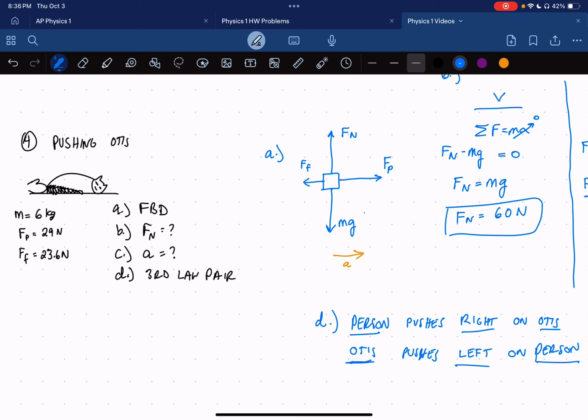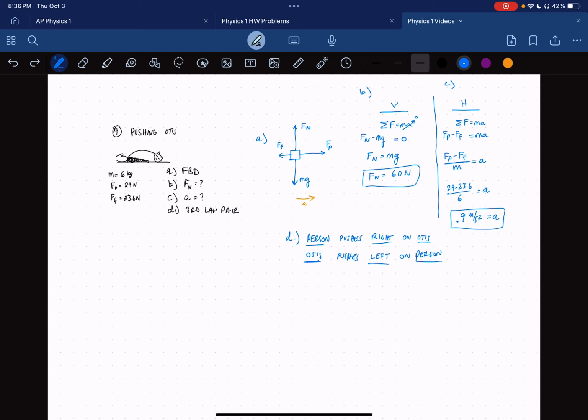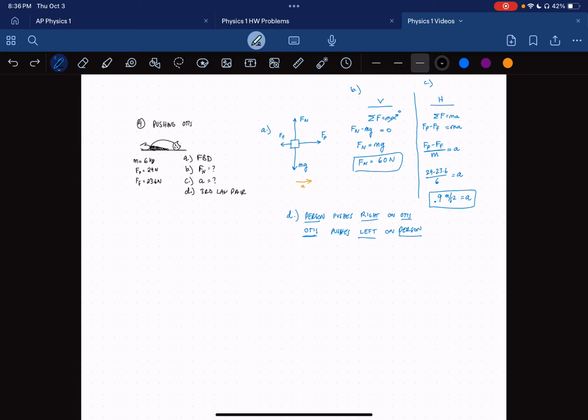The Earth puts a gravitational force on Otis. Otis puts a gravitational force on the Earth. We should say direction there. The Earth puts a downward force on Otis. Otis puts an upward force on the Earth. Anyway, that's it for this lesson.